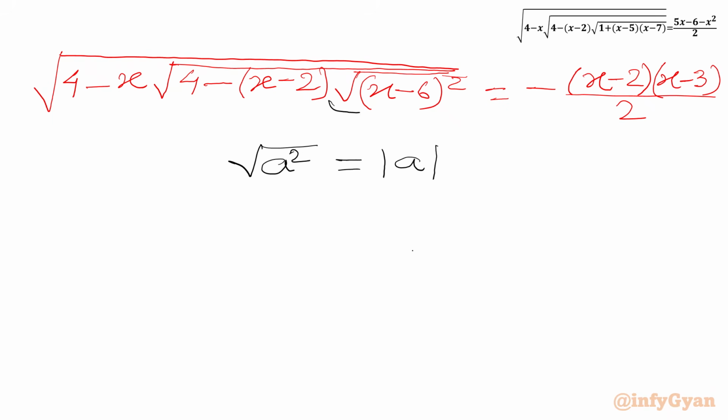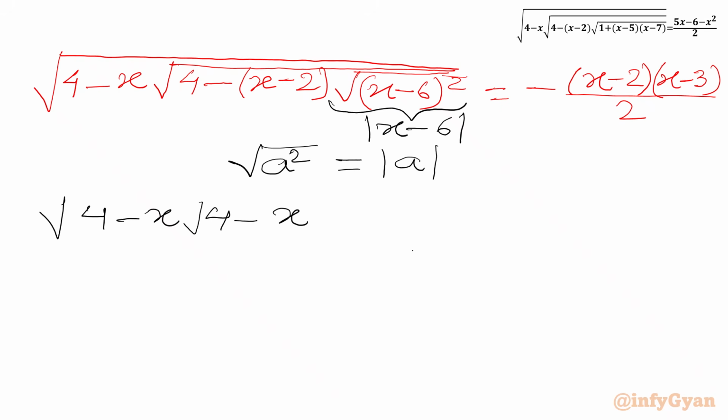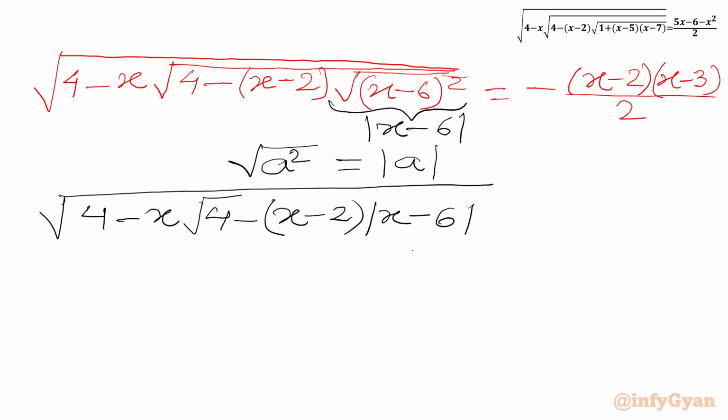So here we will be writing mod of x minus 6. Let me write here: square root of 4 minus x times the square root of 4 minus x minus 2 times mod of x minus 6 in the left hand side. In the right hand side, we will write minus of (x minus 2) times (x minus 3) over 2.